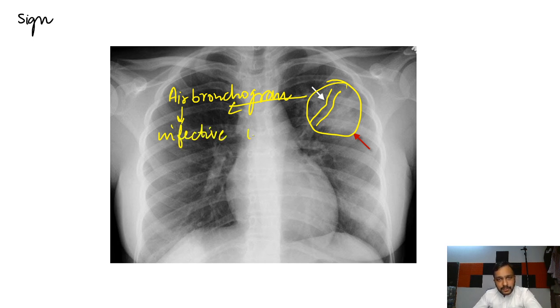You also need to remember that this air bronchogram sign can also be seen in pulmonary edema, pulmonary hemorrhage, and hyaline membrane disease.